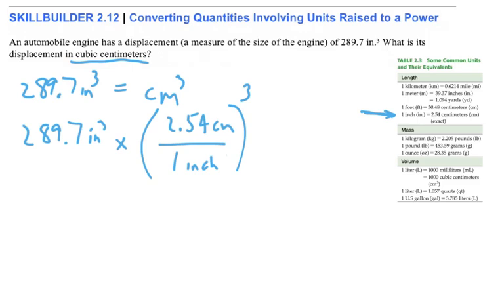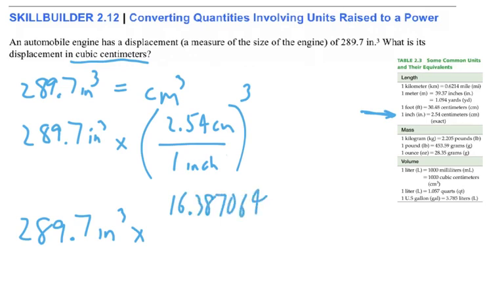Now watch what happens when I cube the entire conversion factor. On your calculator, if you cube 2.54, which is 2.54 times 2.54 times 2.54, you get 16.387064. When you cube a centimeter, that becomes cubic centimeters. In the denominator, 1 times 1 times 1 is 1, and an inch cubed is written like this.